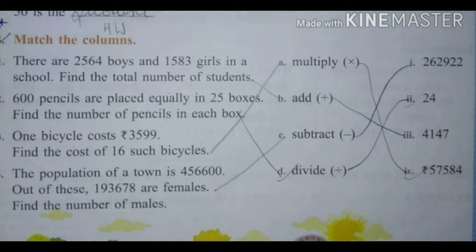And the last one is the population of a town is 4,56,600. Out of this, 1,93,678 are females. Find the number of males. For finding the number of males, we have to subtract the number of females from the total population. So we match this column with C, subtraction, and the answer is 2,62,922.